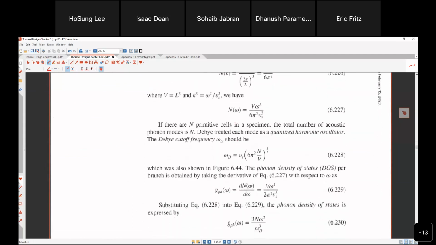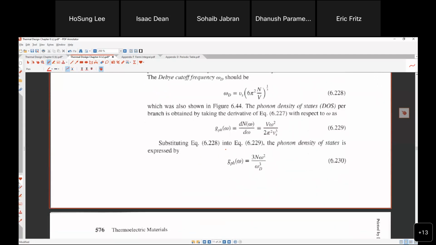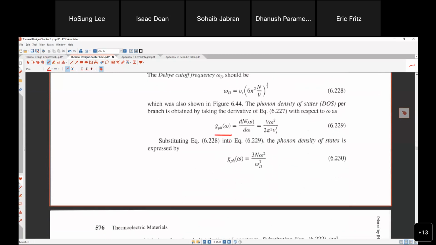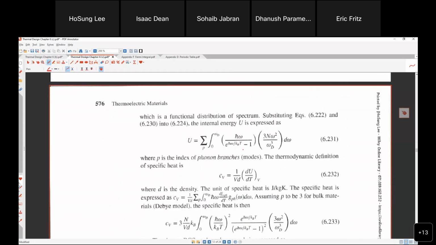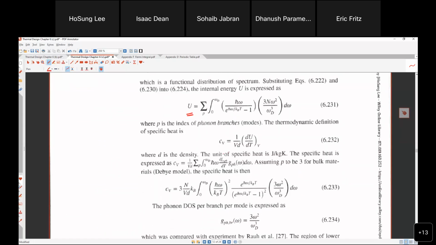And we figure out the density of state, phonon, and using the integral forms rather than summation, internal energy. And also we know the thermodynamic relationship between internal energy and specific heat. Wow, this is so interesting.